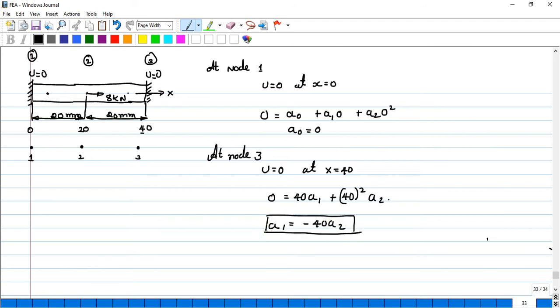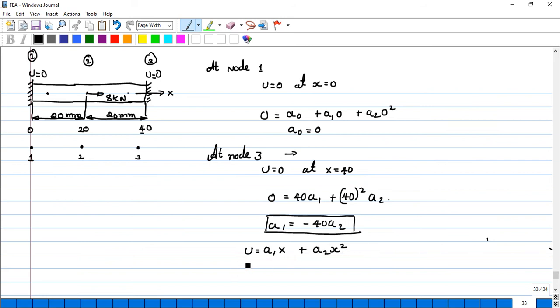Now let me consider the actual equation, u is equal to a1x plus a2x square. This is the actual equation when I consider node number 3. At node number 3, the equation will be u is equal to a0, which is 0, plus a1x plus a2x square.